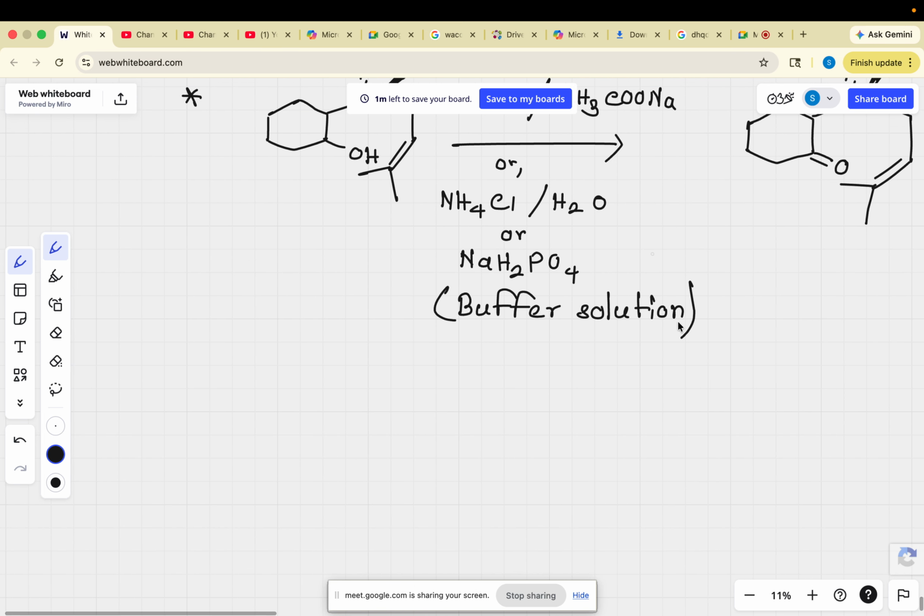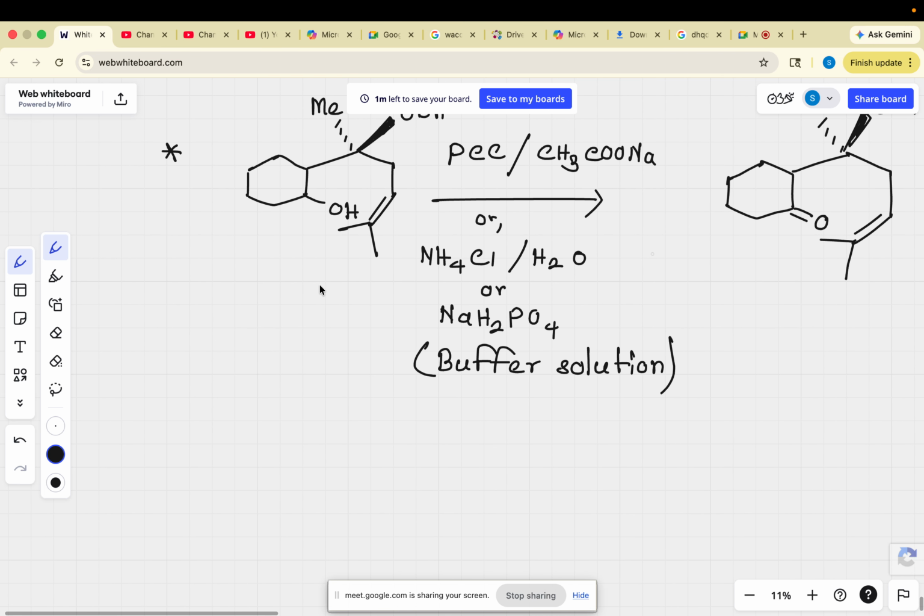Now the same compound, but the reagent is different here. Now I am giving PCC in the presence of CH2Cl2, which means DCM, and you have HCl. If I am using HCl, that means it's an acidic condition.